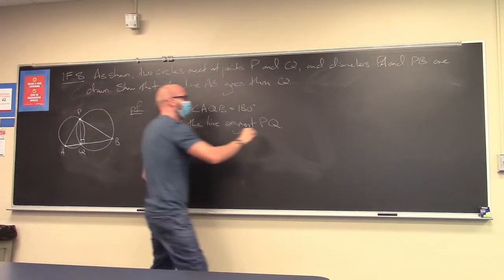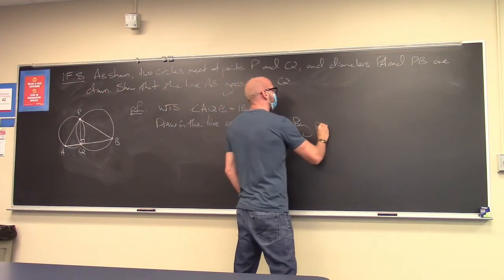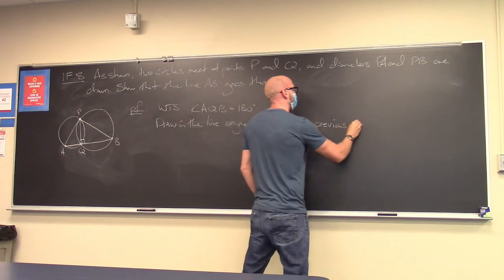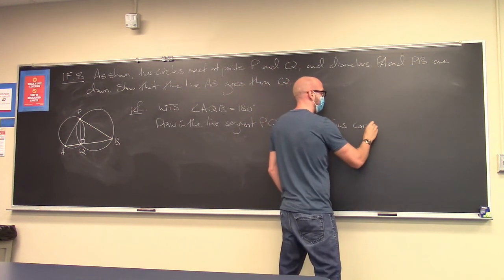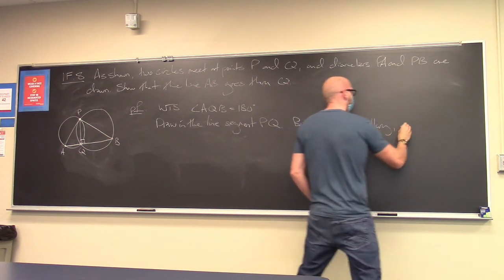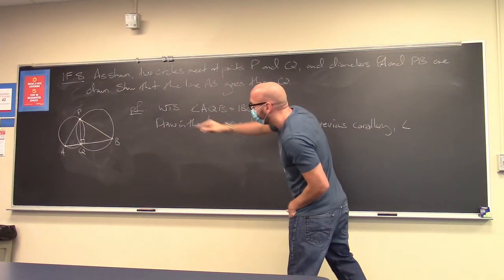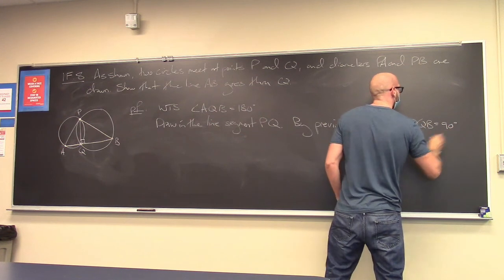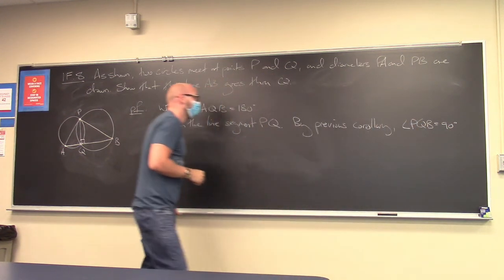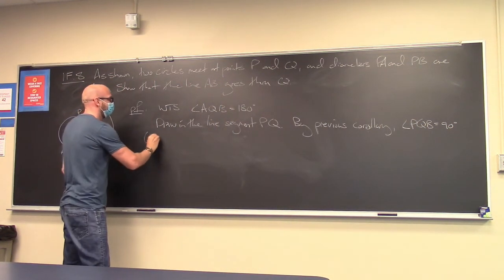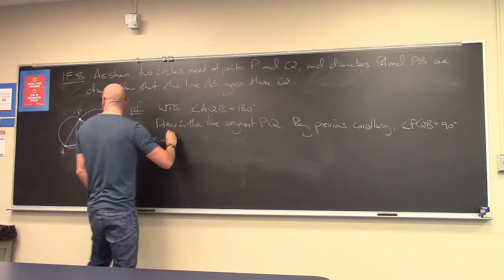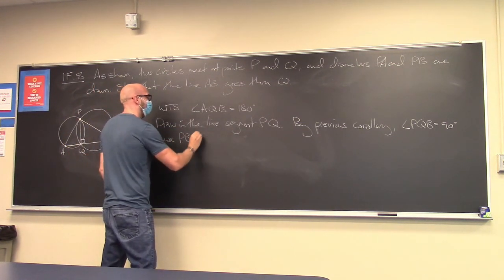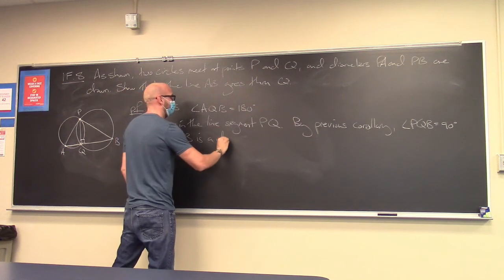Alright, so by the previous corollary, angle PQB is 90 degrees. Let me just, I really should have said why, so because PB is a diameter.